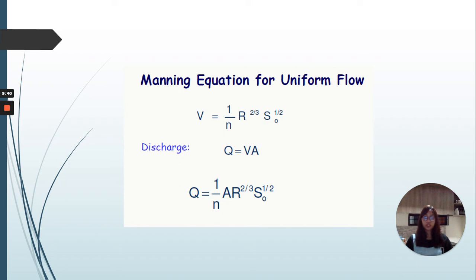And the discharge Q is equal to V times A, or Q is equal to 1 over Manning's roughness coefficient n times area times radius to the power of 2/3, and channel bed slope S sub O to the power of 1/2.